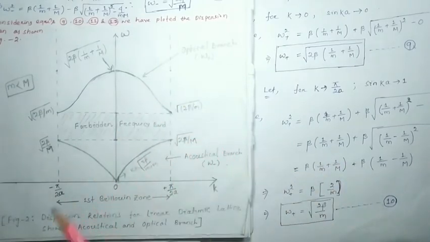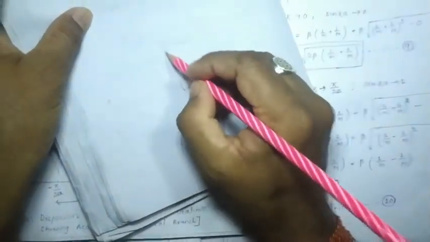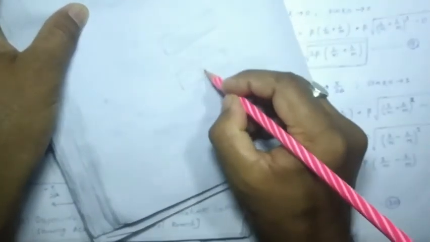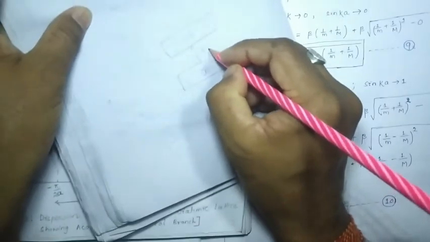Maybe you studied in plus 2 that in a conductor or a semiconductor there is a conduction band and a valence band, and the gap is called the forbidden band.